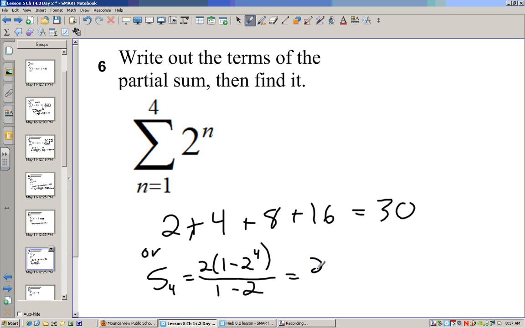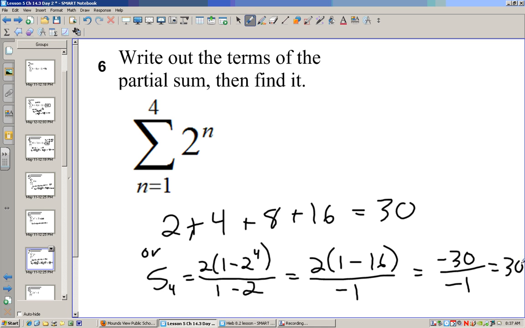So this is 2 times (1 minus 2 to the 4th, which is 16), all over 1 minus 2, which is negative 1. This would be negative 15, so negative 15 times 2 is negative 30, divided by negative 1, which would just give us a positive 30. So both methods give us the same answer. If n only goes up to 4, I think this first method would be the easiest.